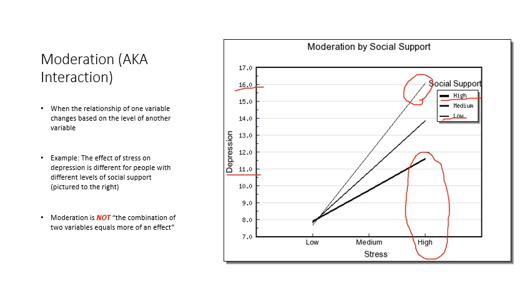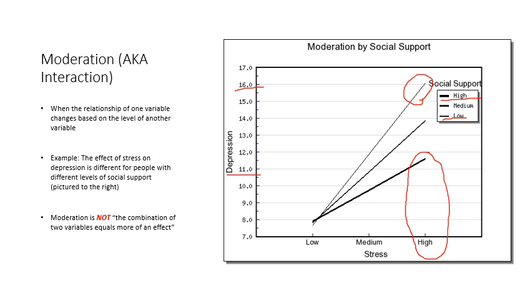So you can kind of see in this graph what's going on, where you can't talk about someone's depression level and their stress unless you know what their social support is. And really, something that I'm going to state right now, because they will remind you of this in Psych 350, is that moderation is not the combination of two variables equals more of an effect.